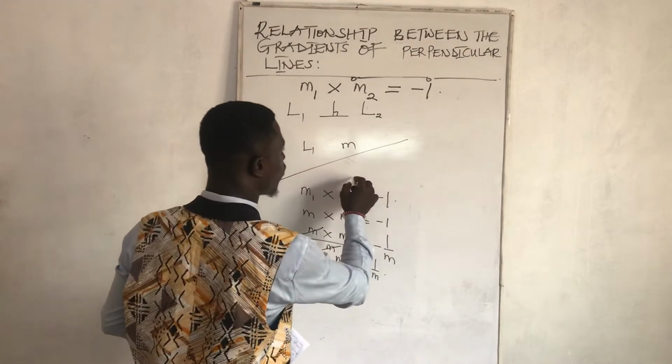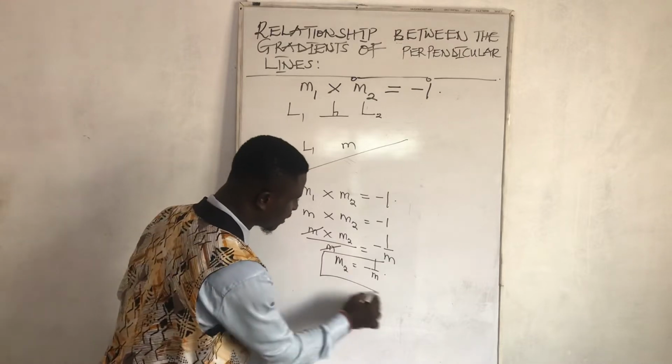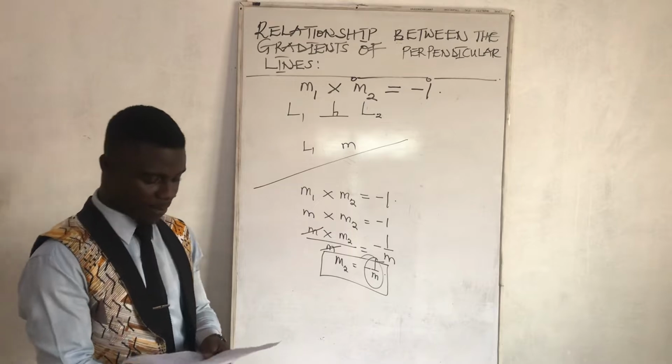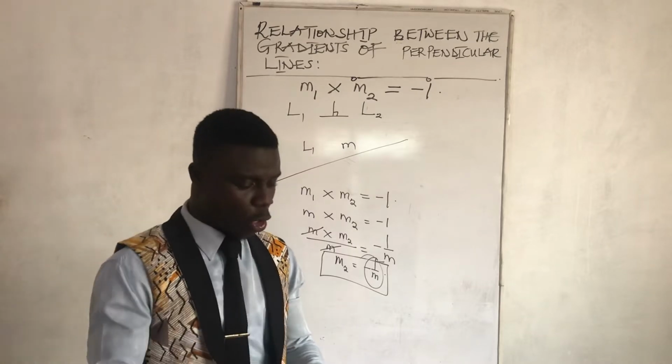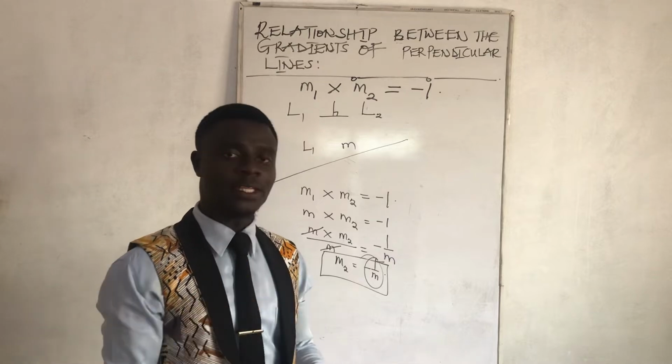So we can get the gradient of line L2, which is -1 on m.